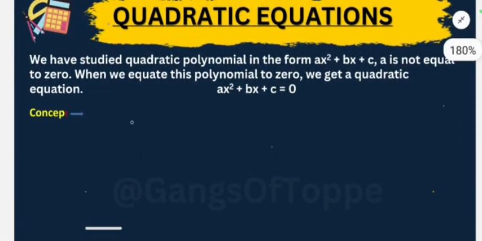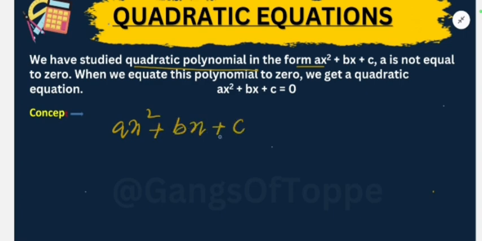In the earlier classes, we studied the quadratic polynomial in the form of ax square plus bx plus c. When this quadratic polynomial equates with 0, it becomes a quadratic equation.